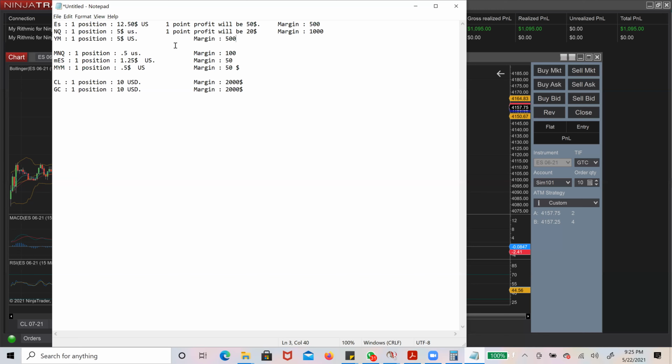Okay, let's go to the YM as well. YM one here. Now, this is 50, for the NQ it is 20. So this will be $2. This will be $2. This will be $5.